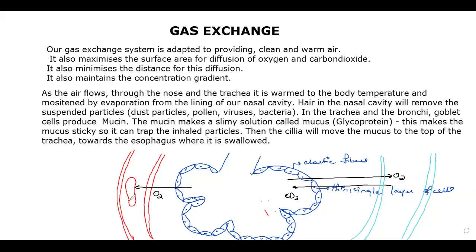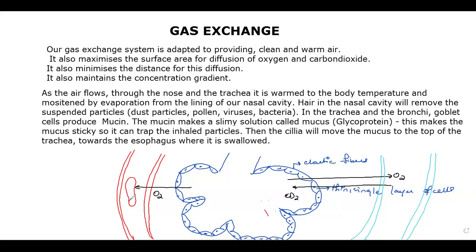When a large surface area is available, fast diffusion of oxygen and carbon dioxide will take place, right? So we want them to have a large surface area. That's why alveoli have elastic fibers, so they can expand to increase the surface area as well, right?